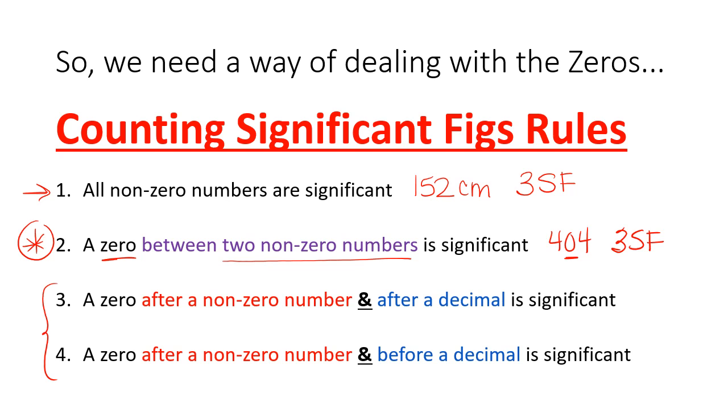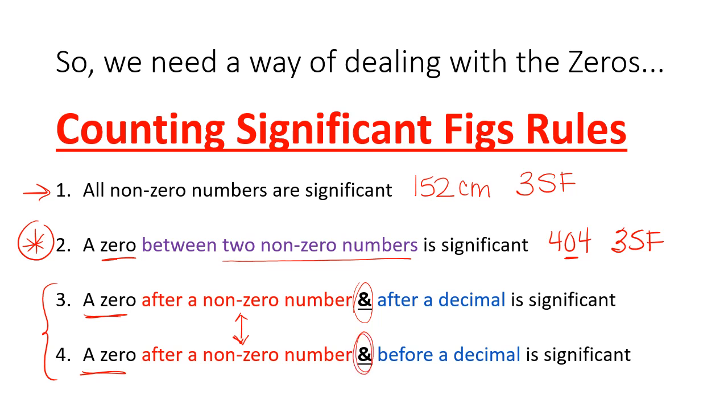These are where you look at those zeros that trail at the end or zeros that come at the beginning if you have a very small number. So a 0 is significant if first it is after a non-zero number. What I mean by non-zero number is not 0. Things such as 1, 2, 3, 4, etc. And here's the part that's important.